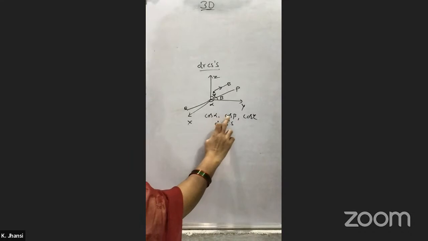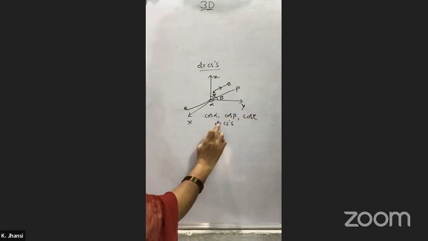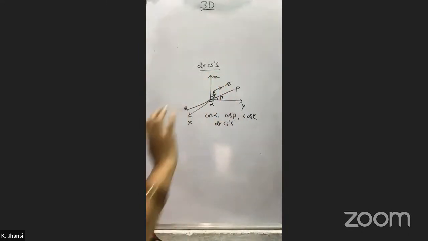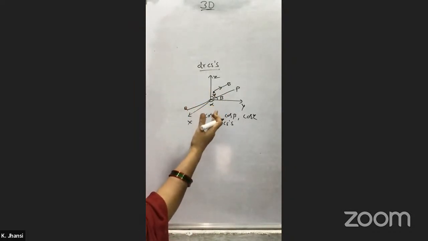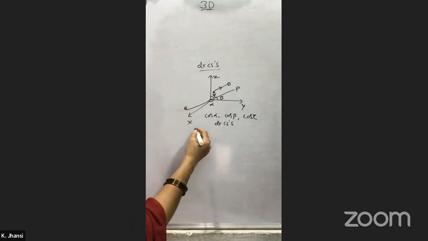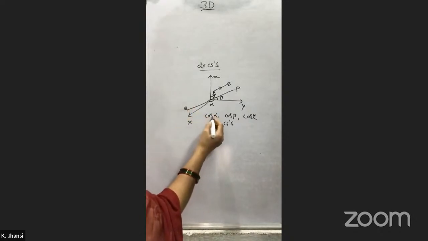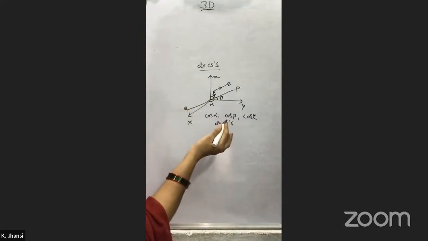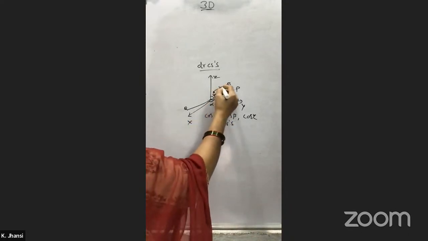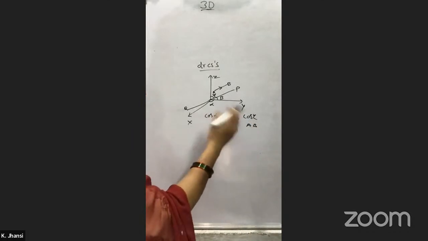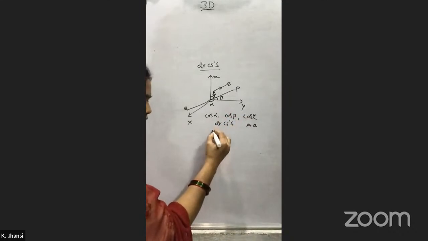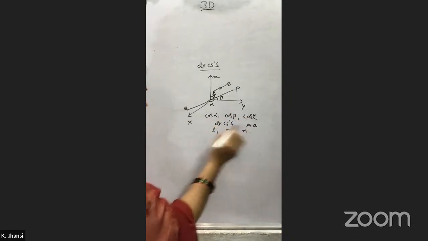Those values are called the direction cosines with respect to the X, Y, Z axes. Now you have the formula: cos theta is the adjacent side by hypotenuse. With that, if you find the values, you will get cos alpha, cos beta, cos gamma. These are called the direction cosines of the given line AB in the positive direction. And these direction cosines are represented as L, M, N.